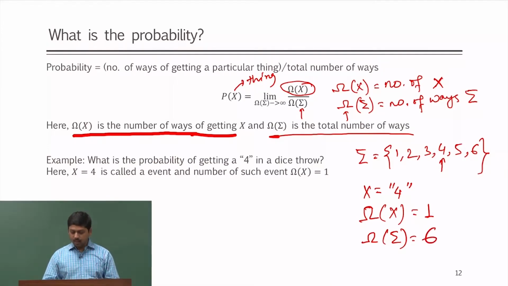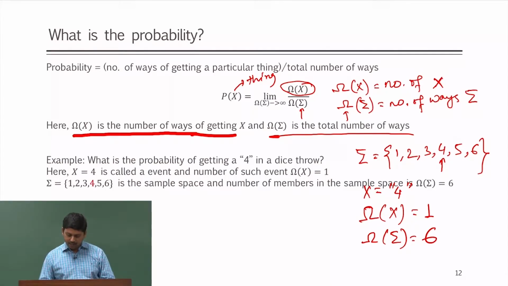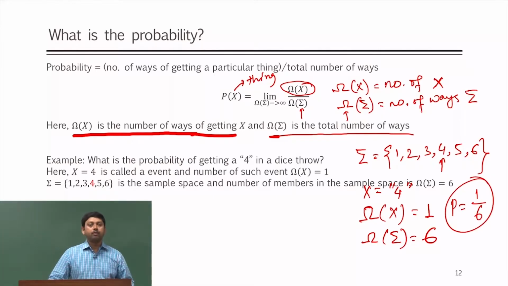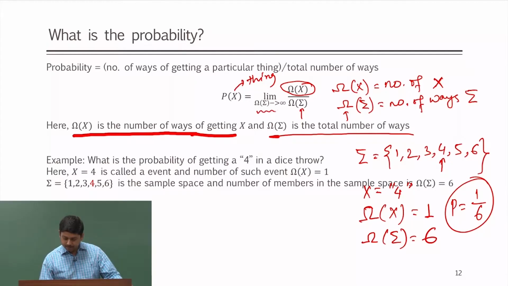So, that is 6 and therefore, as you said that is a sample space, number of getting 6 and that is why the probability is 1 by 6.